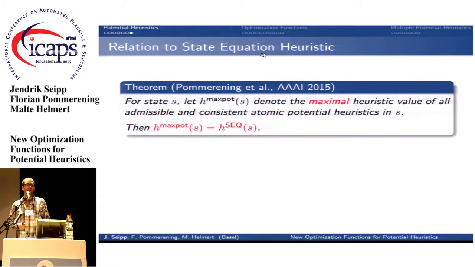As I said, we can use different optimization functions, and if we optimize a potential function for every given state that we see during the search, so we achieve the maximal heuristic value that we can achieve with atomic potential functions for this state, then we achieve the state equation heuristic.